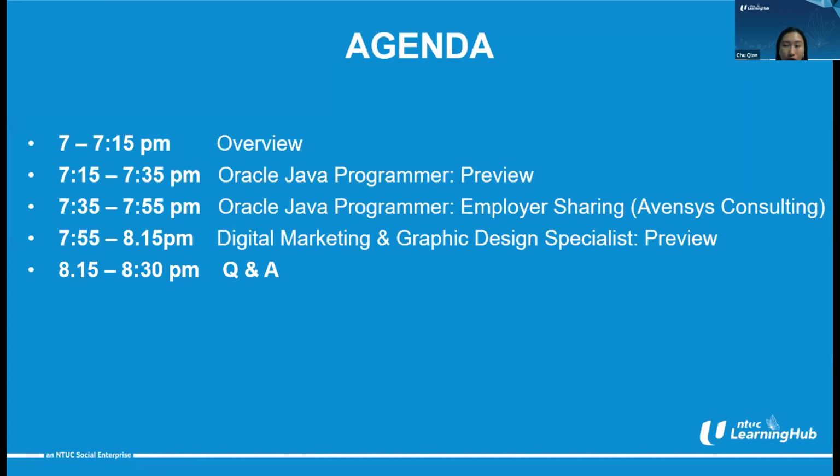After that, we will move on to the Digital Marketing and Graphic Design Specialist program, where the various subject matter experts will also share about the program and address any questions you have about the program or the career. So lastly, we will end up with a Q&A session to address any questions that you have posted in the Q&A box below. All right, so this is what today will look like.